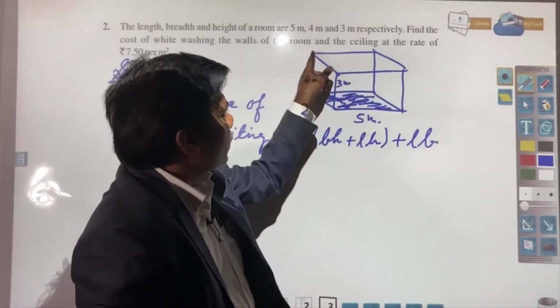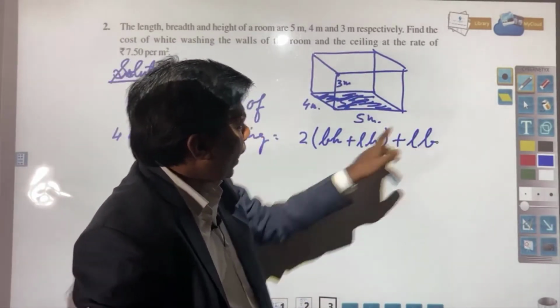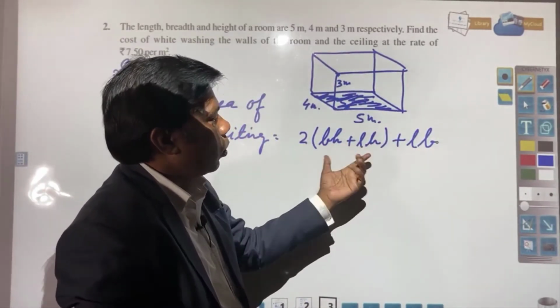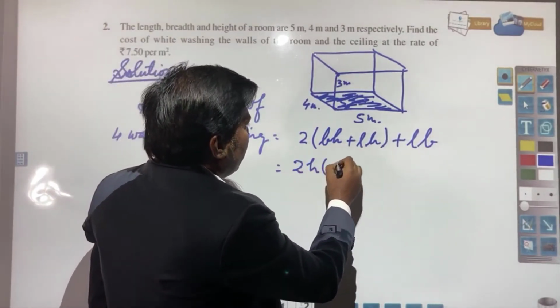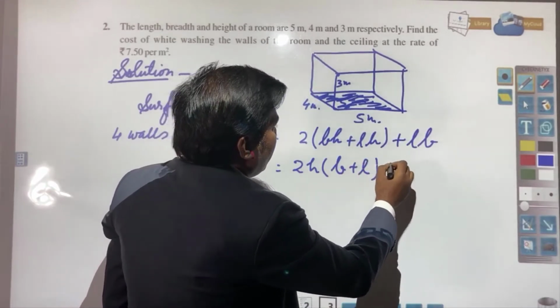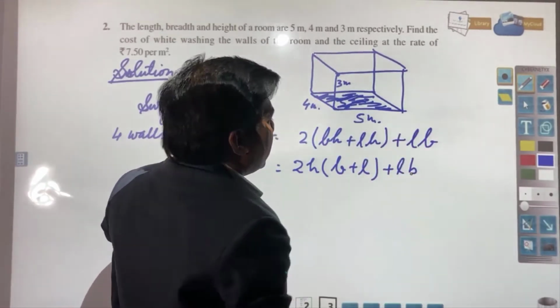This is L, this is B. Ceiling we are taking, and this is the formula for 4 walls. Or you can write 2H into (B plus L) plus L into B.